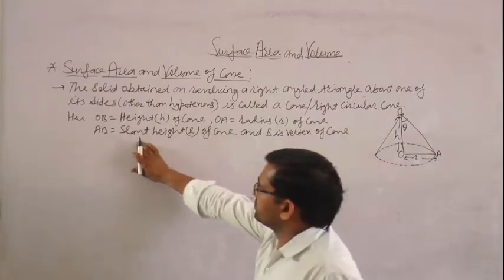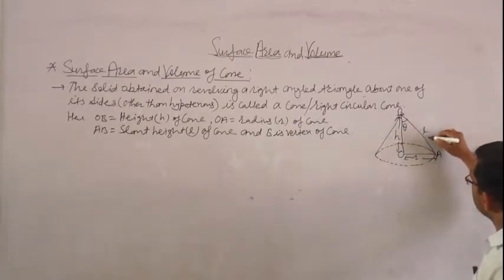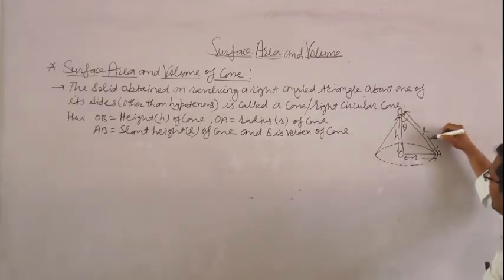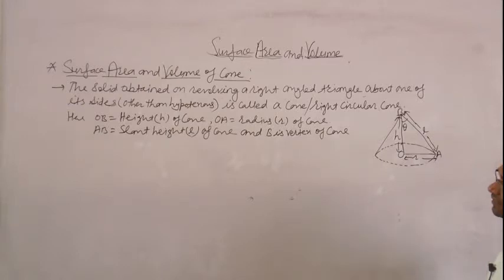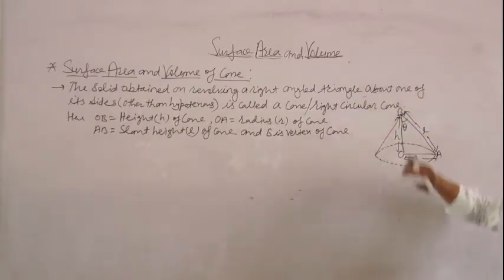AB is the slant height, represented by small l. AB is the slant height of the cone and B is the vertex of the cone.